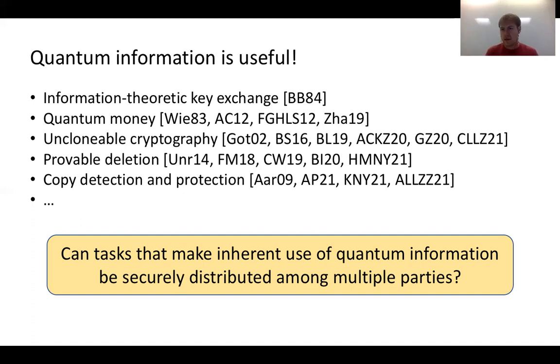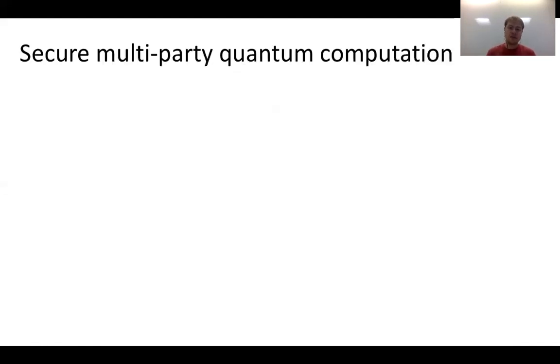But okay, so this is just one way to motivate a more general task that is the focus of this work, which is secure multi-party quantum computation, okay? So what is this?